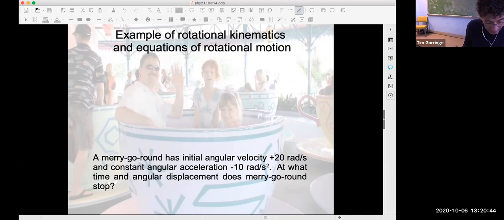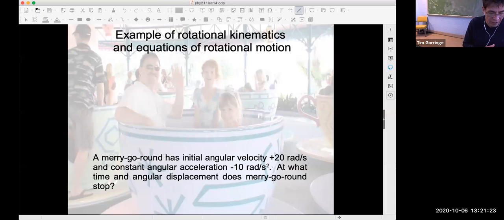this question says, a merry-go-round has an initial angular velocity of 20 radians per second and a constant angular acceleration of minus 10 radians per second squared. What time does it stop and how far has it turned? So don't worry about the numbers to begin with. We're told we have a merry-go-round that is rotating in the positive direction, and it has an angular acceleration in the negative direction. So this merry-go-round is slowing down its rotational motion.